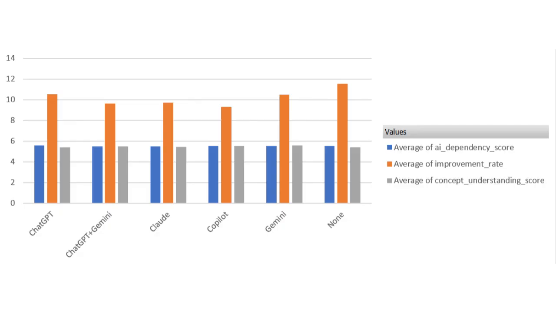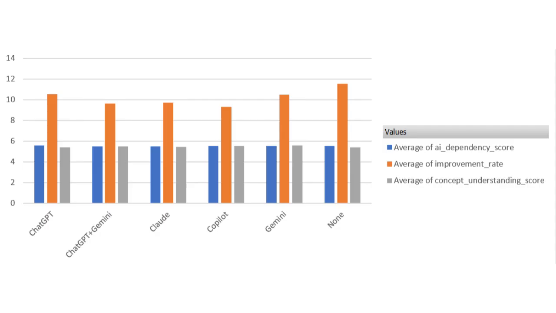So for now, focus on that. Improvement rate is nothing but how much the student has improved while using these platforms. And you can see that the improvement is highest in Gemini and ChatGPT, and second highest in ChatGPT plus Gemini. I think we have a clear-cut winner here.